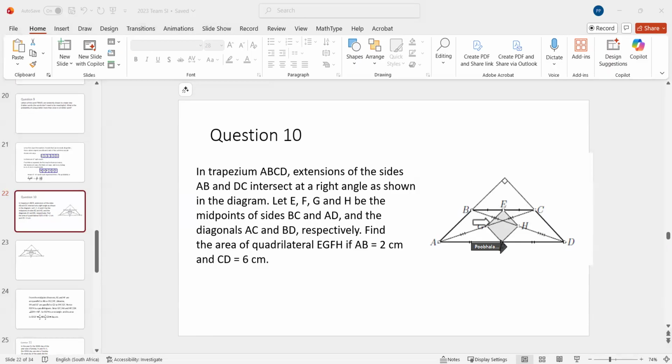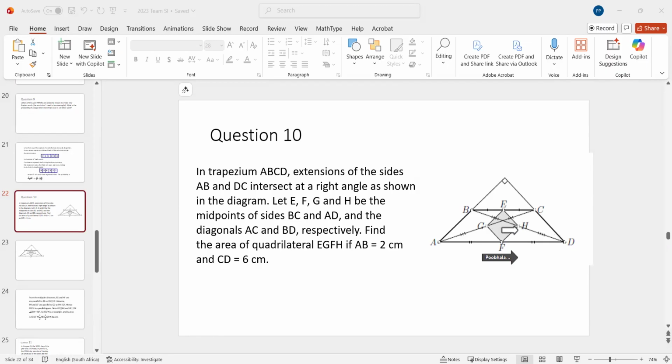Right? And then you've got the midpoints of the four sides. The midpoint of BC is E, the midpoint of AD is F. Then the diagonals of this trapezium, right?